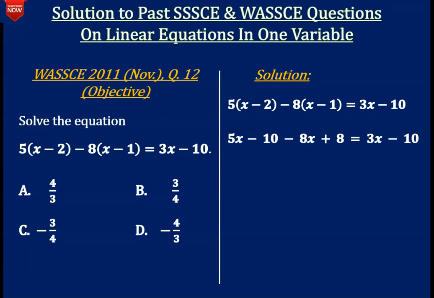Now, let's group like terms by bringing 3x to join 5x and negative 8x on the left hand side and moving negative 10 and 8 to join negative 10 on the right hand side.